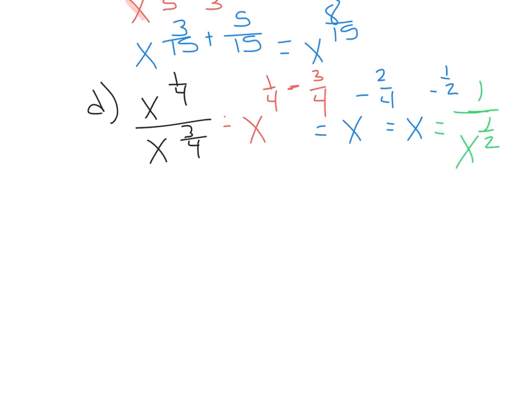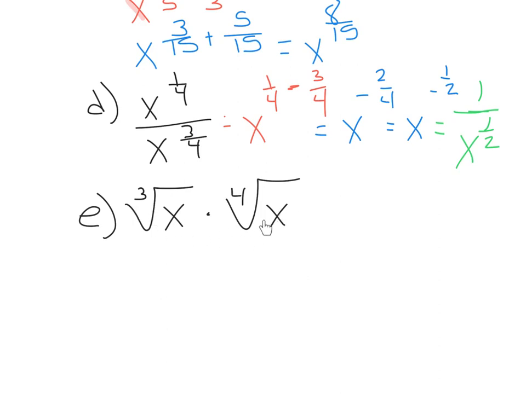Okay, letter E for this example says the cubed root of x times the 4th root of x. It turns out that we can't multiply radicals that have different indexes.